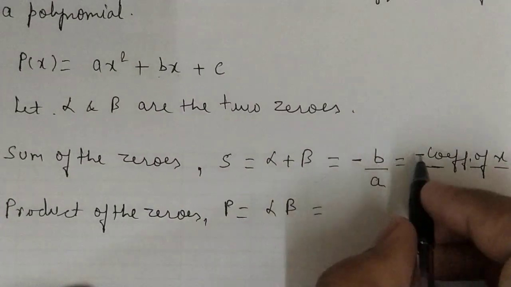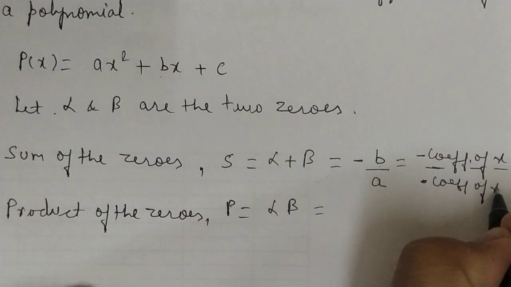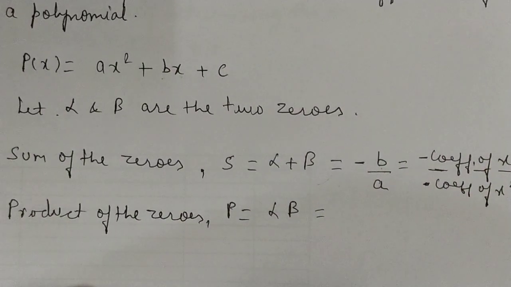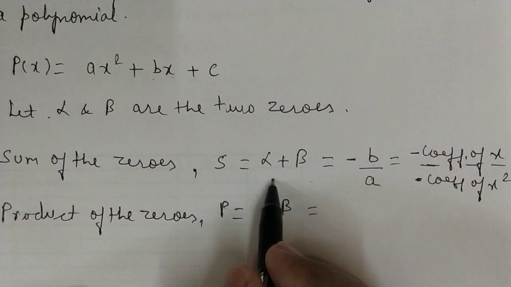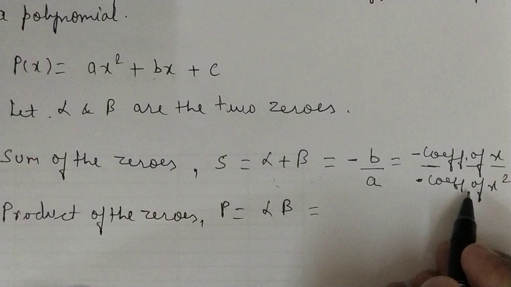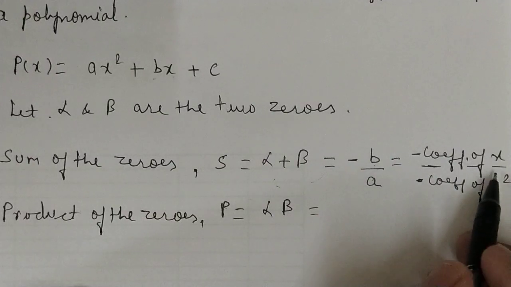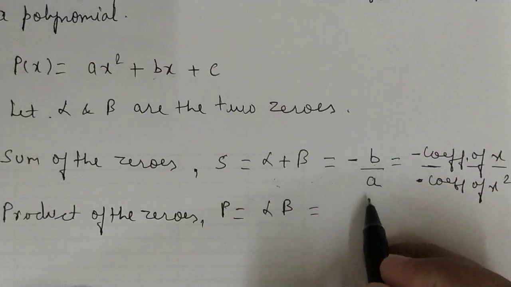A is the coefficient of x square. So whenever you wish to find the sum of the roots, it is equal to minus the coefficient of x upon the coefficient of x square. There is no need to write this out, you can directly write minus b upon a.